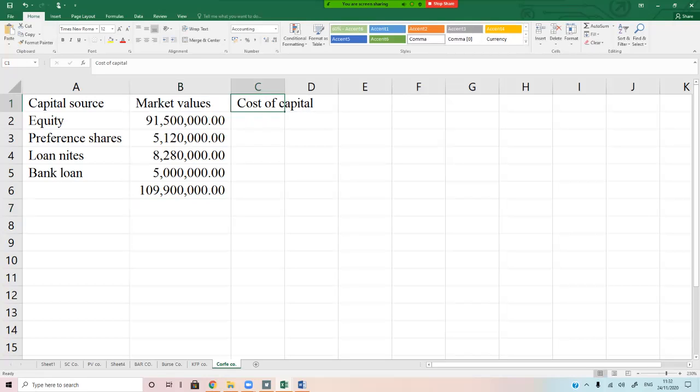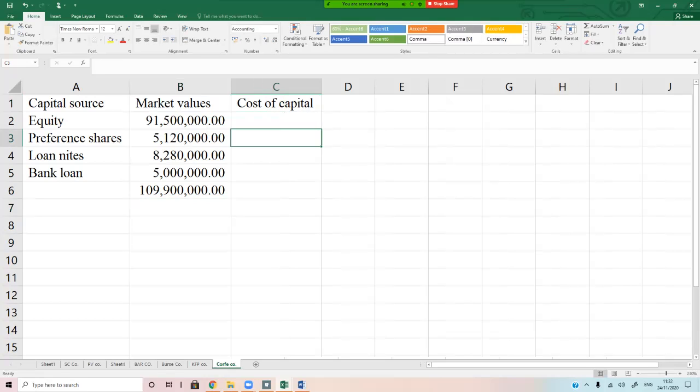You begin with the equity by getting the cost of equity. Based on the info you're given, you're going to be using the capital asset pricing model.